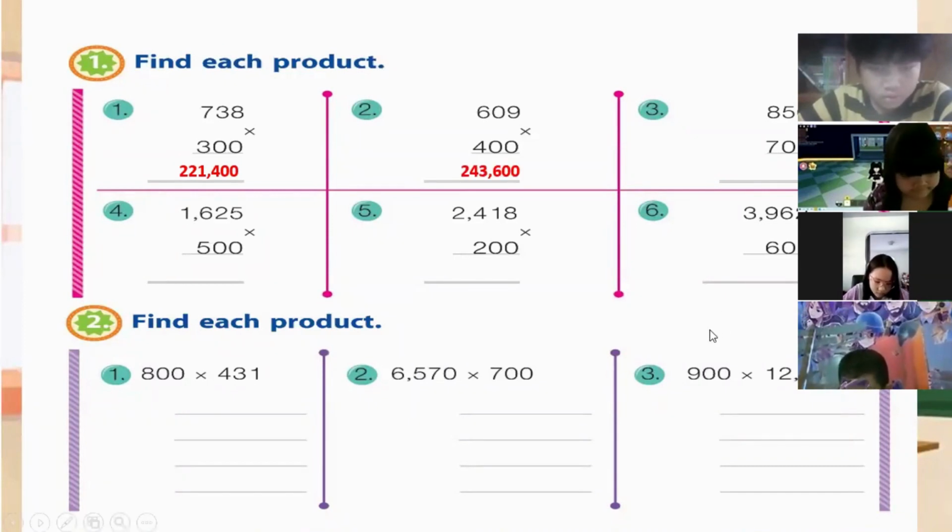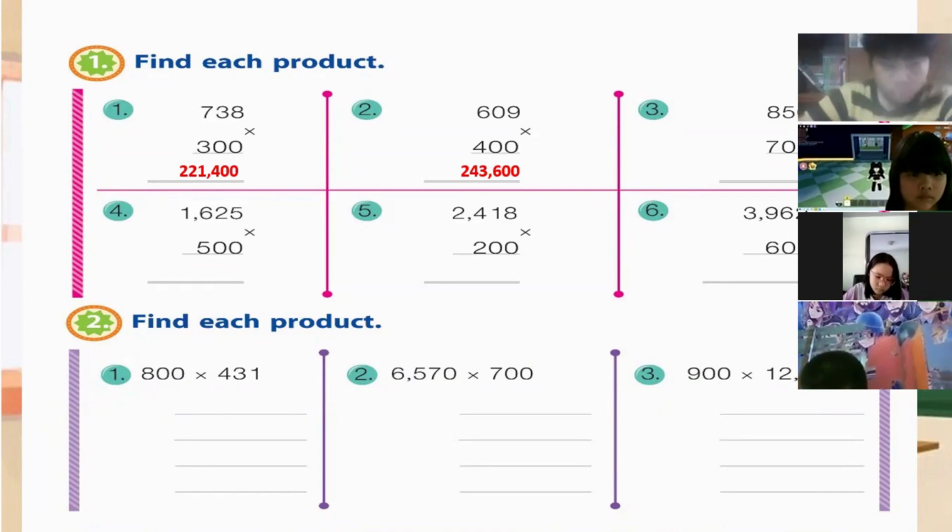243,600. Very good. 243,600. Now, how about question number 3? Question number 3. Anyone find the answer? 595,000.